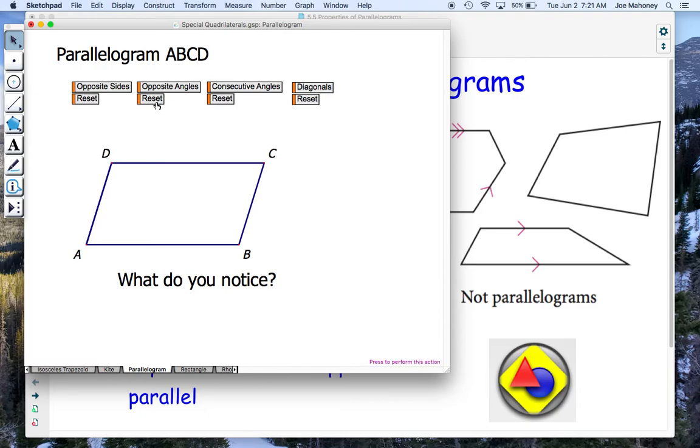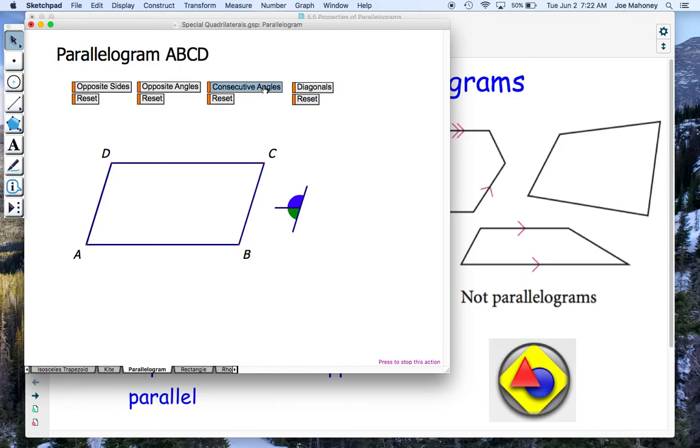Now, if we take a look at the consecutive angles, they are not opposite. So angles like A and D are consecutive angles. D and C, consecutive angles. C and B, consecutive angles. B and A, consecutive angles. Let's see what happens to those two.